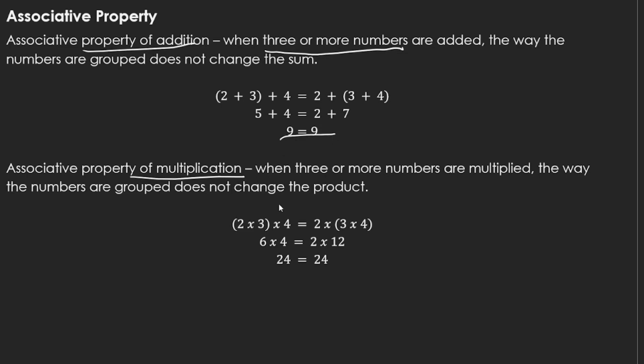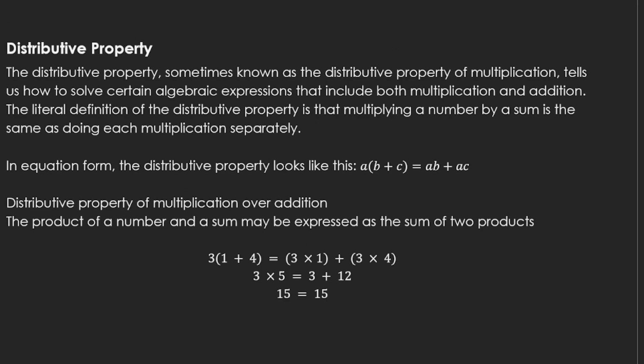Same thing for multiplication. 2 times 3 times 4. Here we have 2 and 3 are grouped. On the right-hand side, we have 3 and 4 that is grouped. 6 times 4 and 2 times 12 will give you the same product. Lastly, we have distributive property.